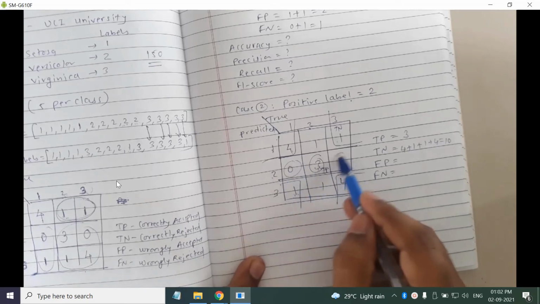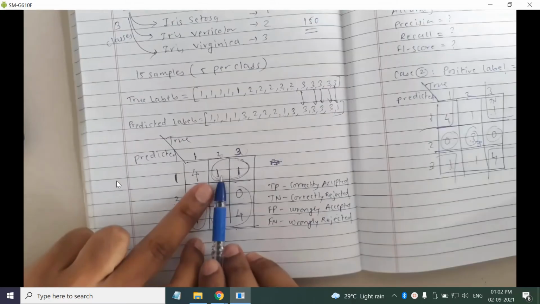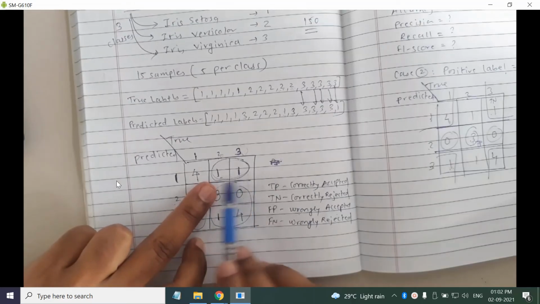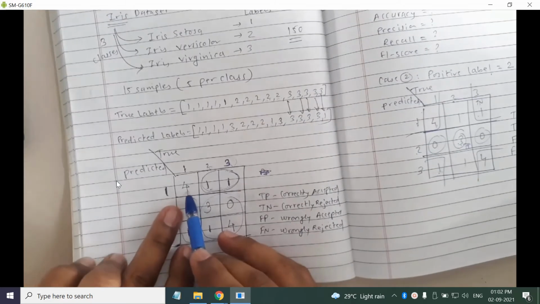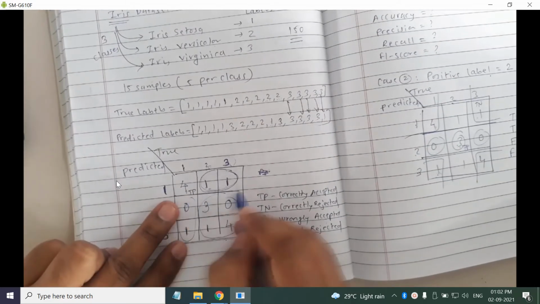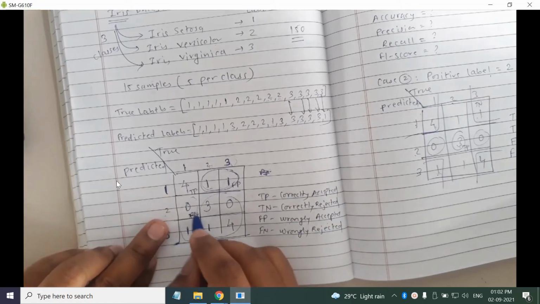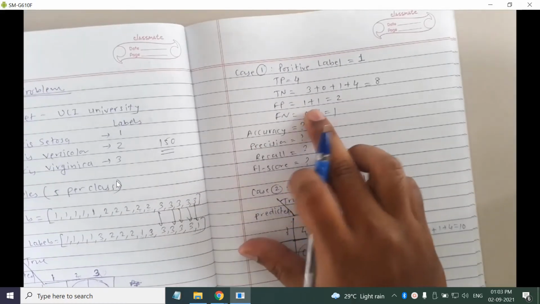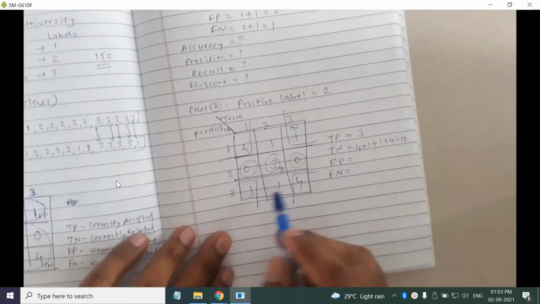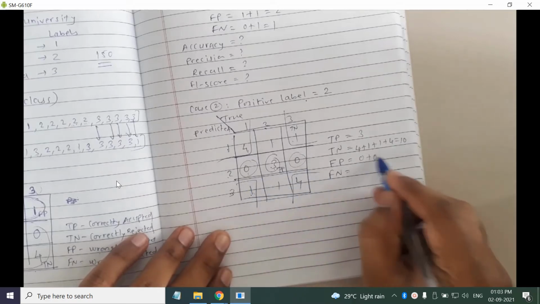So the summation of these two would be FP. यहाँ पे भी देखिए ये जो 1 plus 1 था, that was FP because this was TP. ये अपना TP था, ये FP था, ये FN था और ये TN था, right? FP was 1 plus 1. Here also along the same row you will get FP, that is 0 plus 0, that is 0.